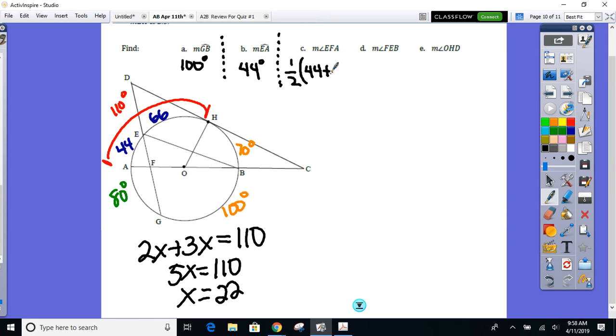Plus the vertical angle's arc, 100. There you go. Angle EFA, 72. And guys, I'm going to highly recommend once you find an angle in these circles, write it in. You never know, you may need it later on in the problem. So 72.